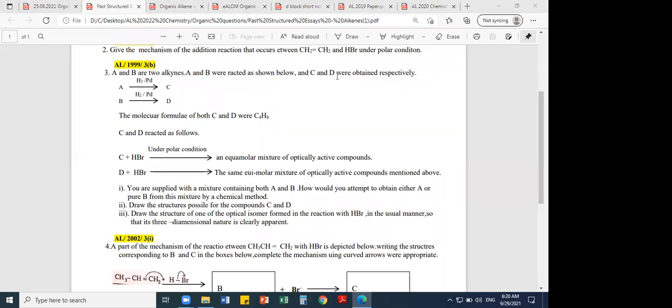You can share your file, image or PDF to the chat, or I can let you share your screen. Then only I know what to explain. Otherwise I don't know up to which extent I should explain. That's why, to have an idea.